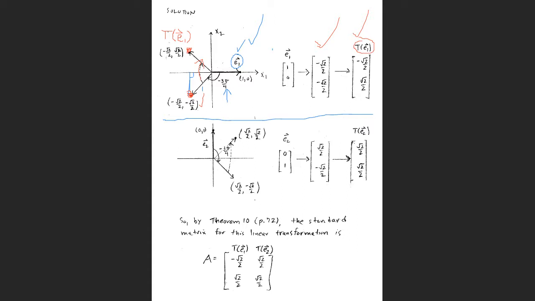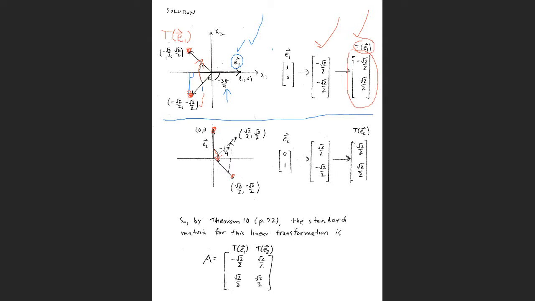Similarly now, this is going to be one of the columns of your standard matrix. To get the other column of your standard matrix, you take the vector E2 and rotate that 135 degrees clockwise, and you're going to end up at the point root 2 over 2, negative root 2 over 2.